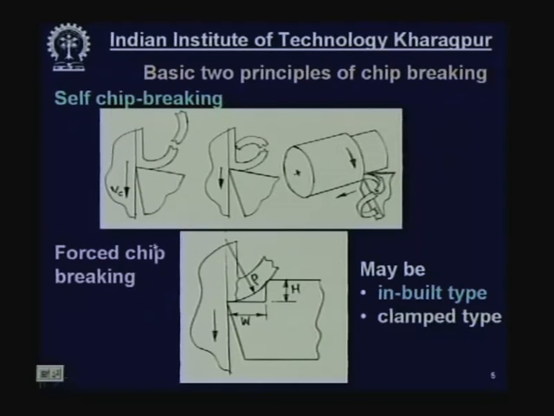Now, self chip breaking can be natural or slightly artificial. Natural chip breaking takes place due to the curling of the chip. You will always find in machining ductile materials that even though the chip forms continuous, it becomes curved or tends to become curved. Why? Because the velocity at the outer end and inner end are different.